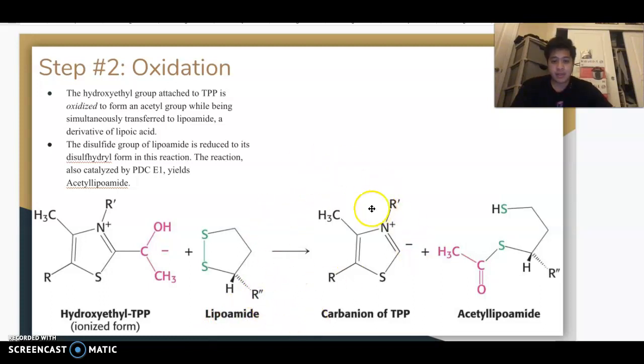The disulfide group of the lipoamide, which is this green structure over here, is reduced to its disulfhydryl form in this reaction. You go from two S's to this group right here. The reaction is also catalyzed by the PDC, or E1, and it yields this acetyllipoamide.